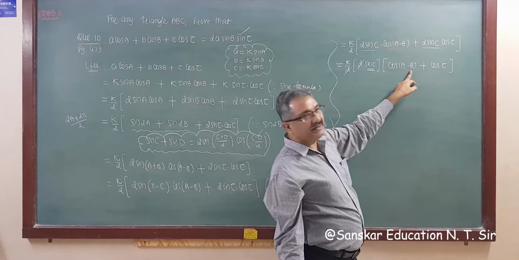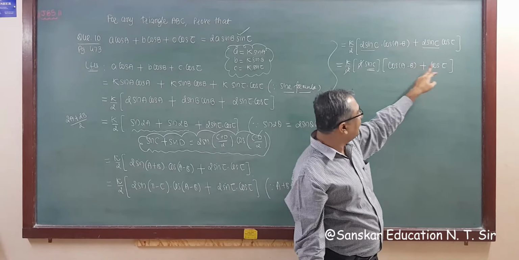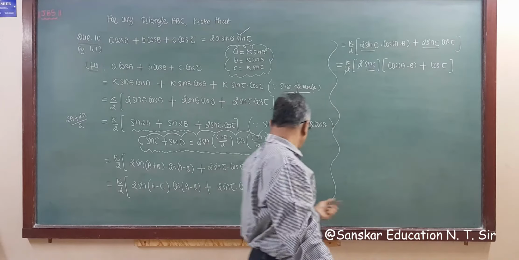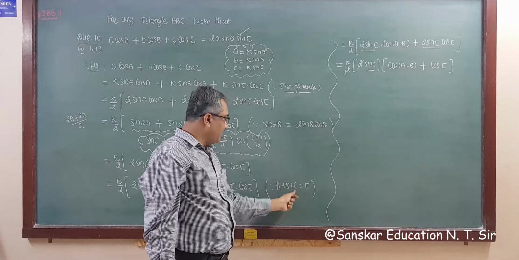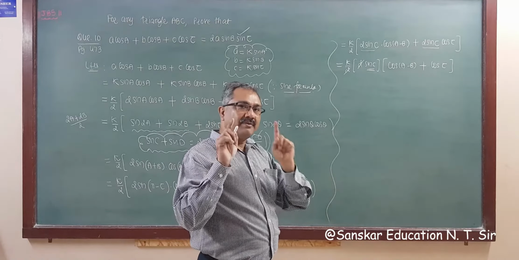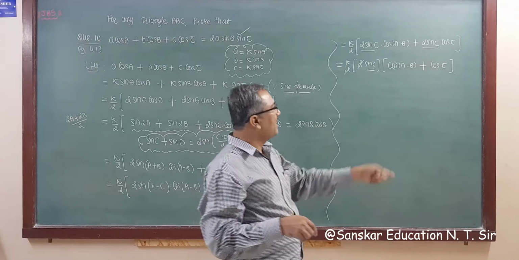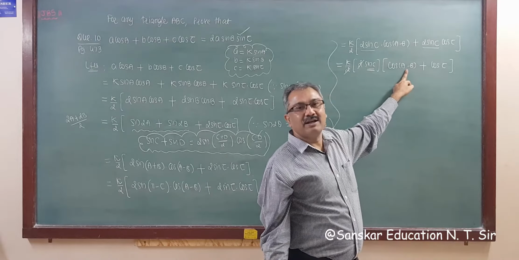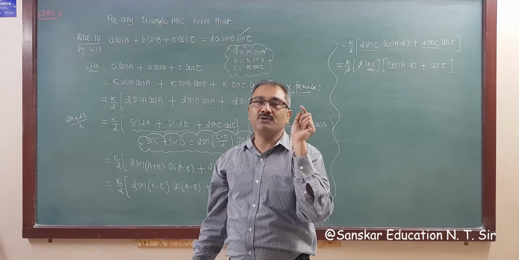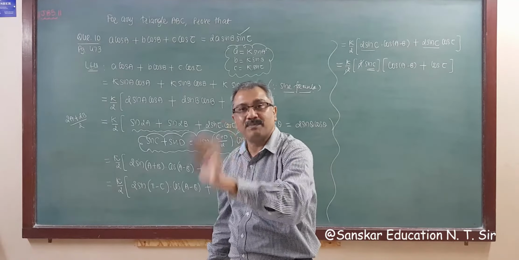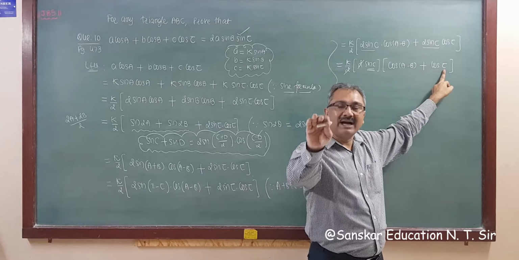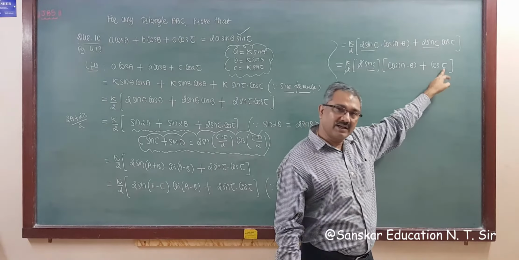Now this is cos(A minus B). So can we get A plus B here? Yes, because A plus B plus C is equal to pi. So we can substitute C is equal to pi minus (A plus B). Remember one thing in this type of question: if you have A minus B, then you must have another term containing A plus B. So you have to think how you will get A plus B. Then you replace this C as pi minus (A plus B), right?